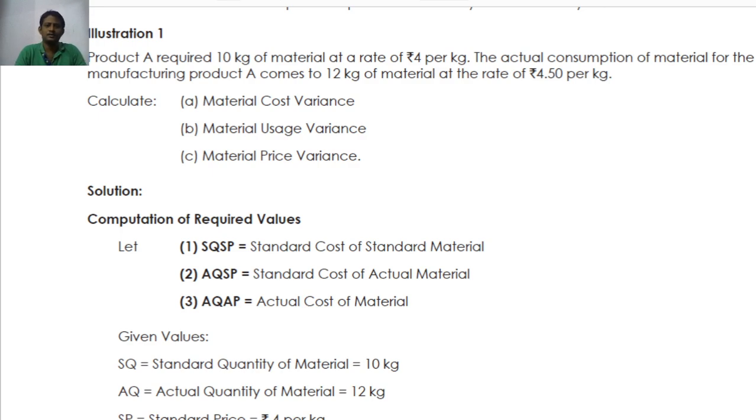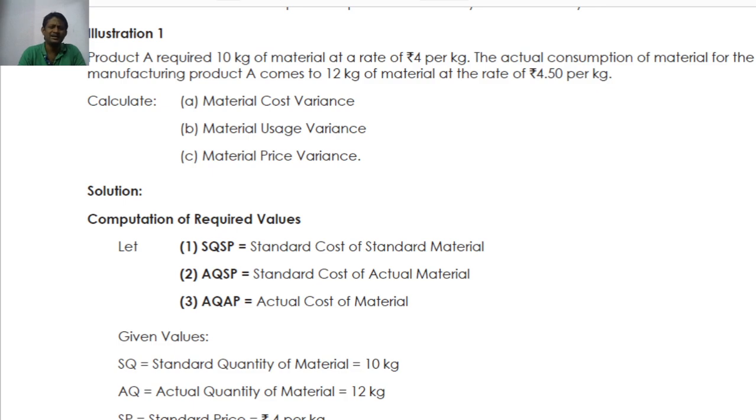The actual, they give in continuation. The actual consumption of material for the manufacturing of product A comes to 12 kg of material at the rate of 4.5 per kg. Actually 12 kg they are spending and the rate is 4.5 per kg. Now forget about all these variances, cost, price, quantity.